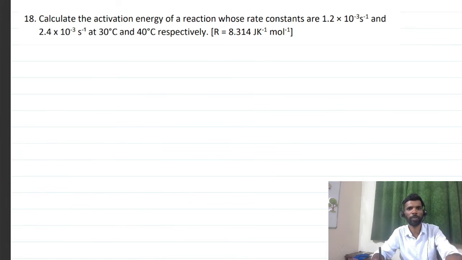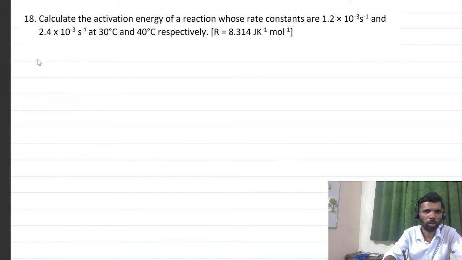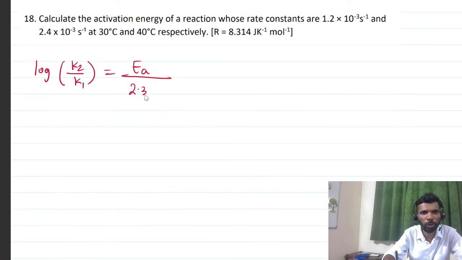This question is again based on activation energy, where you need to find the activation energy. So I'll write the formula, that is log of K2 by K1 is equal to EA upon 2.303 R into 1 upon T1 minus 1 upon T2.